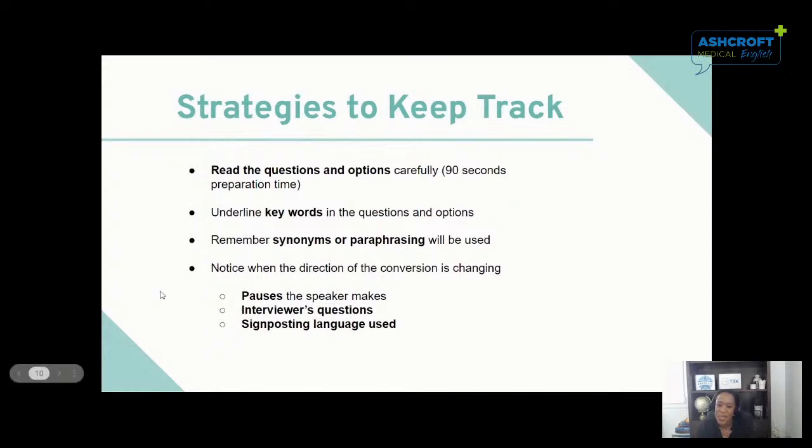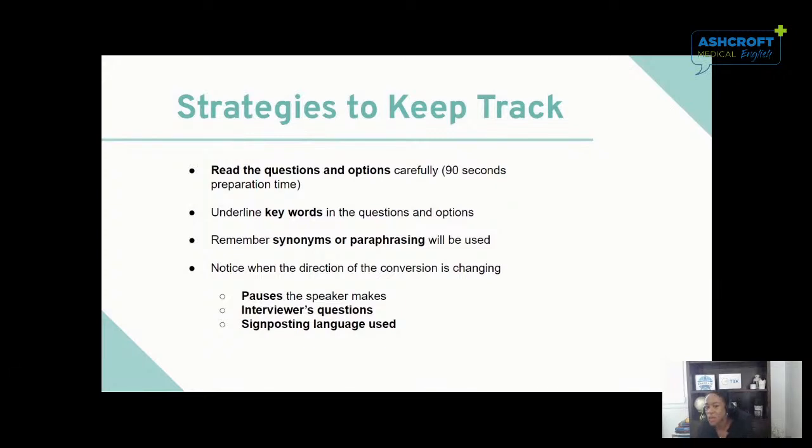So there are some things that help you keep track. As the speaker goes through the audio, you will notice that they naturally make pauses. These pauses generally correspond to moving on to a new topic. So use those pauses to help you notice when the topic's changing. When you're listening to an interview, the interviewer's questions also help guide you.